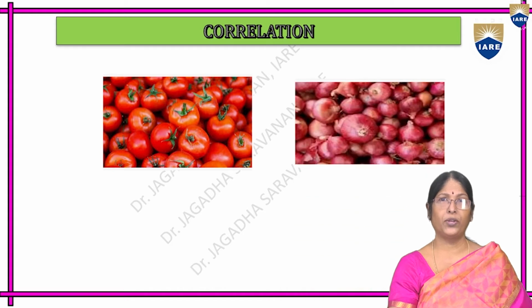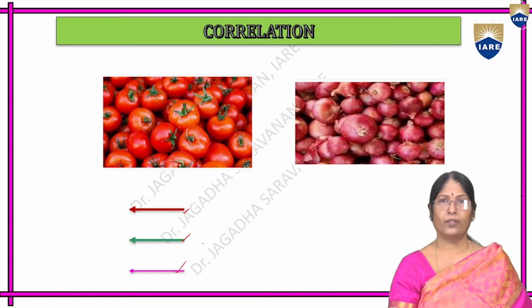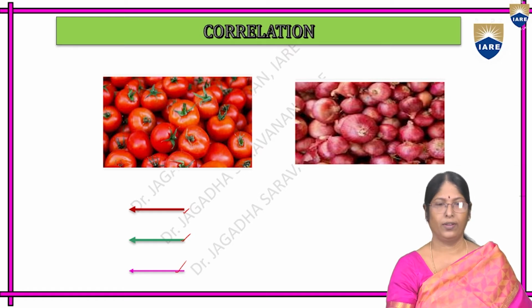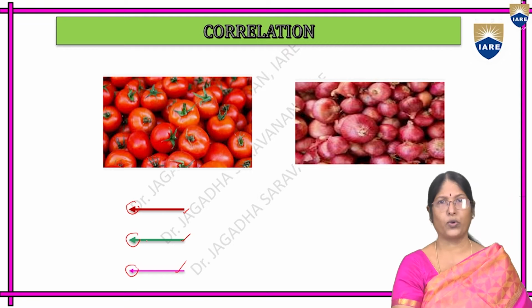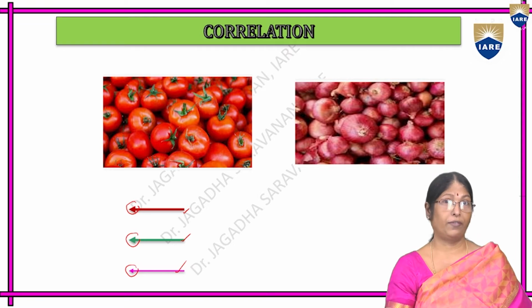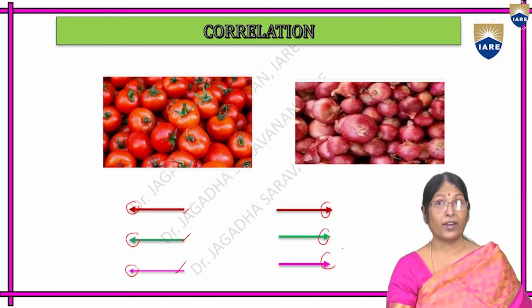Now you can see it here. In the same picture, the three arrow marks are there. They are in one direction. You can see here that the arrows are all pointing to the left side. The three arrows are in the same direction. The direction is very, very important.